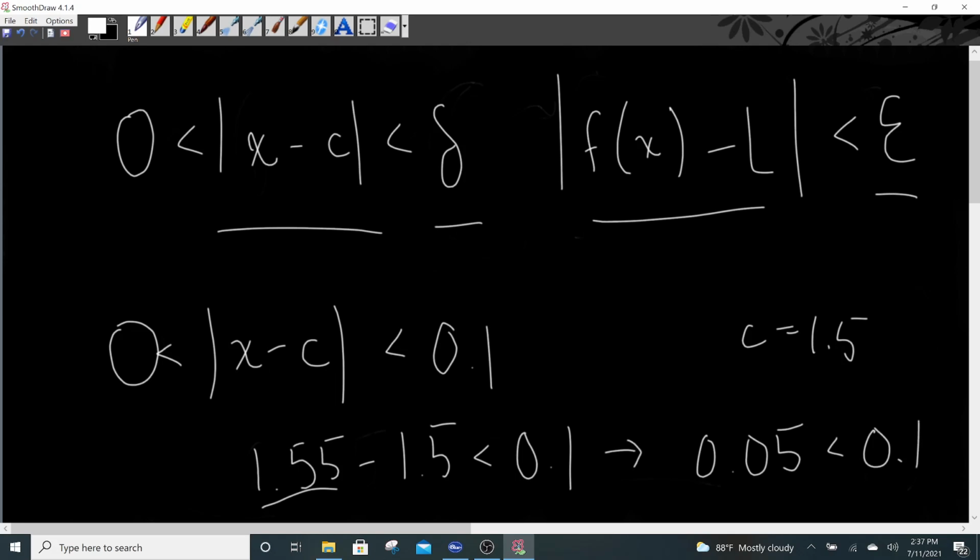And we know this 0.1 is much more precise than 1. We already restricted ourselves. We made it from 2 to 1.55, which is much, much closer to c.